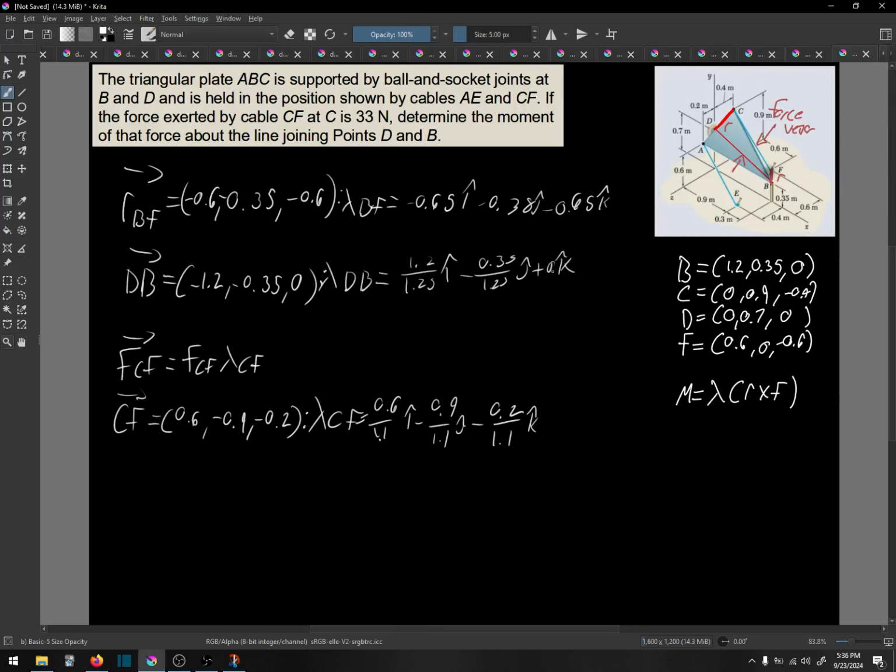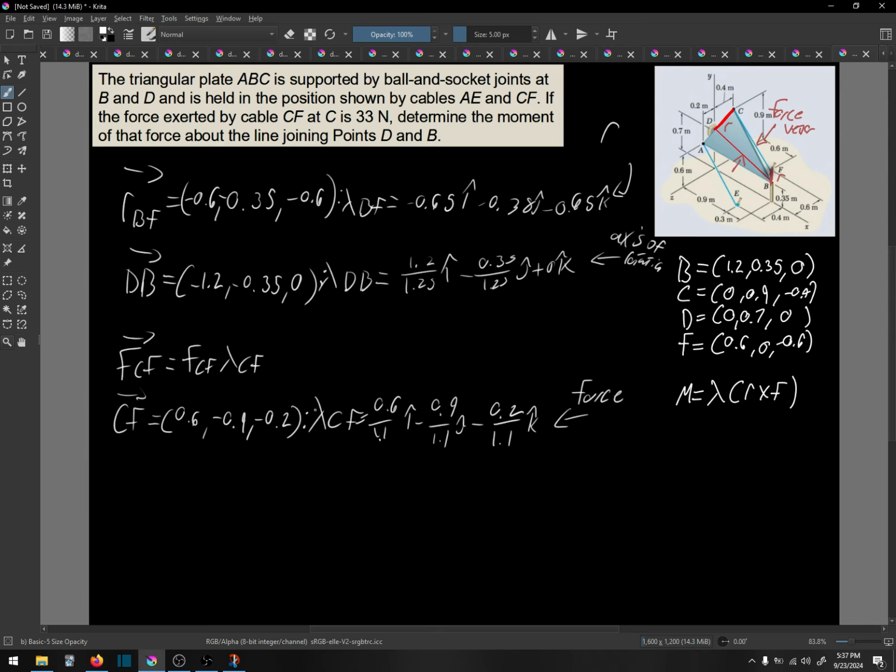Okay. So now this gives us our force. We can find the force with this. We've got our R value, and then we've got our axis of rotation. Now what we need to do is R cross F, but first we need to find F, which is why we have this here.